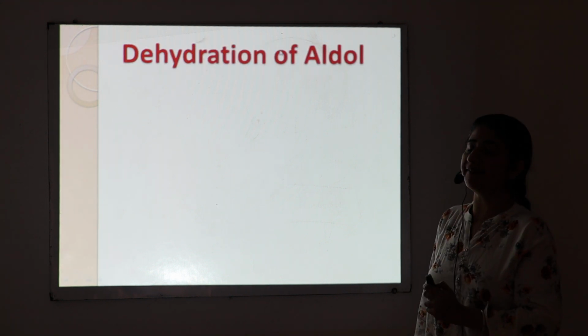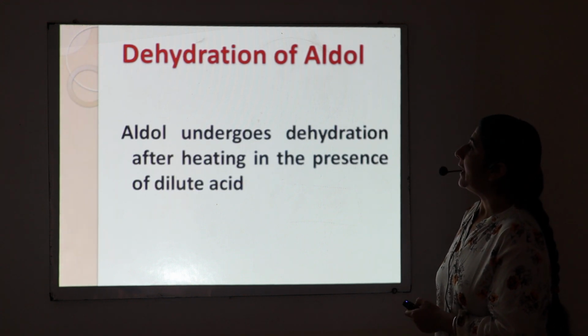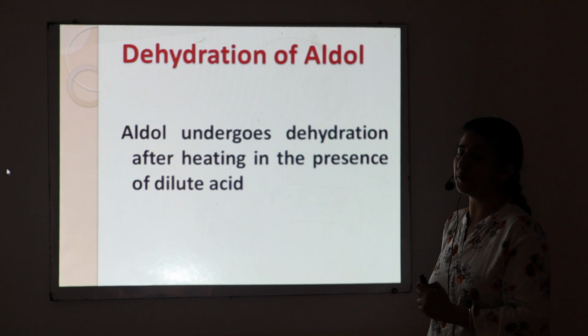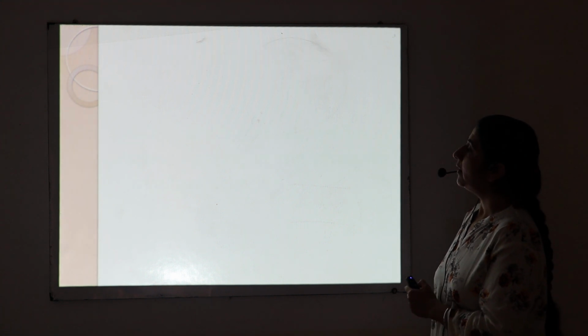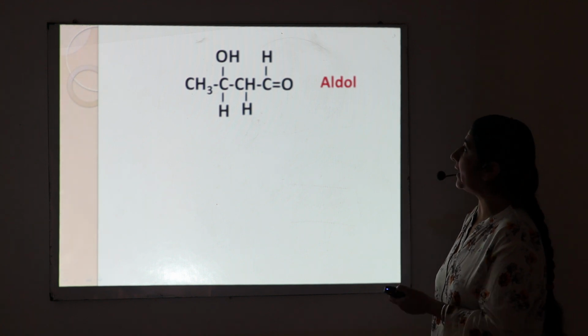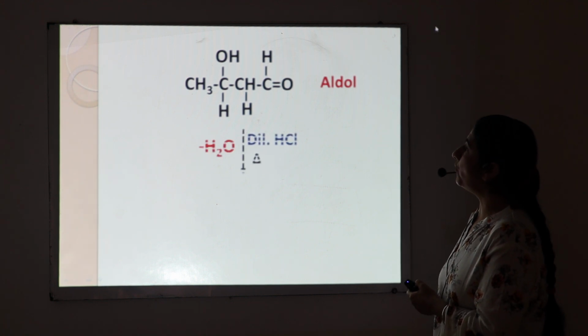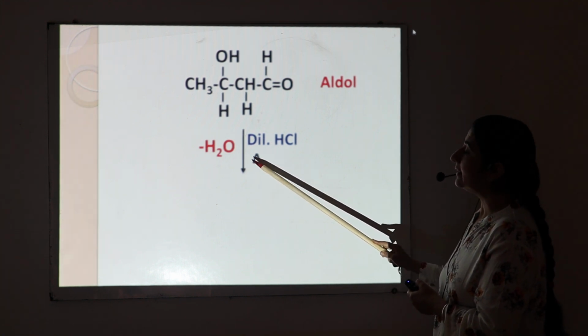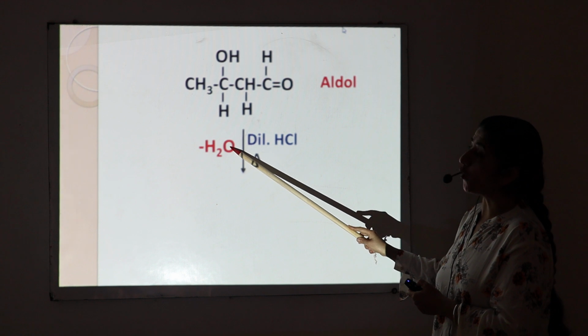Next one is dehydration of aldol. Aldol undergoes dehydration after heating in the presence of dilute acid. So here we have aldol, which is formed as the main product in aldol condensation. When it reacts with the dilute acid along with heating, it loses water.